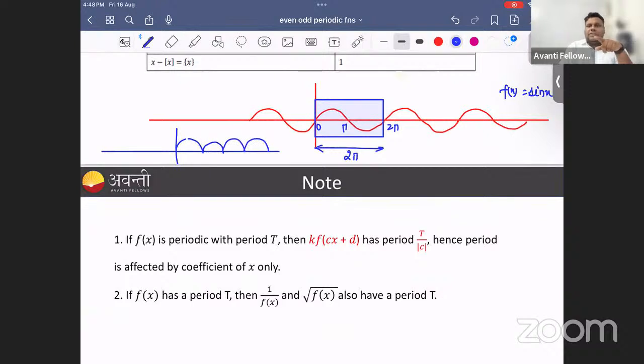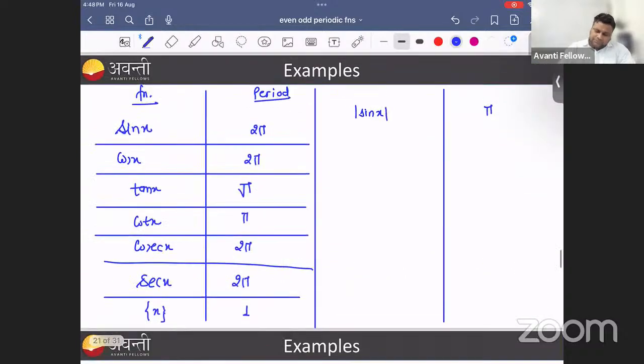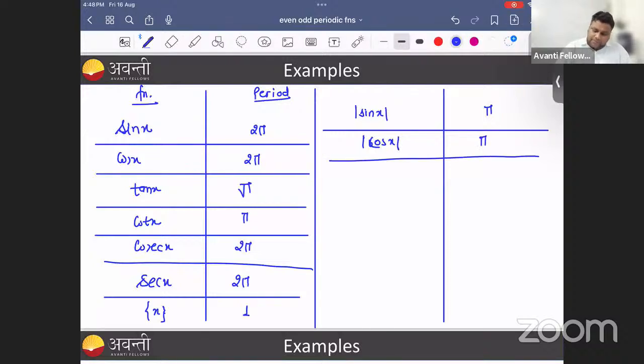And I taught you in the previous class, what will mod do? That will copy the negative portion onto the positive y-axis side. Then there comes mod cos x. Mod cos x is again periodic with period pi. Then mod tan x. Its period is also pi.